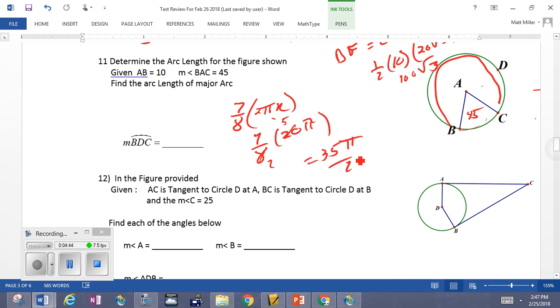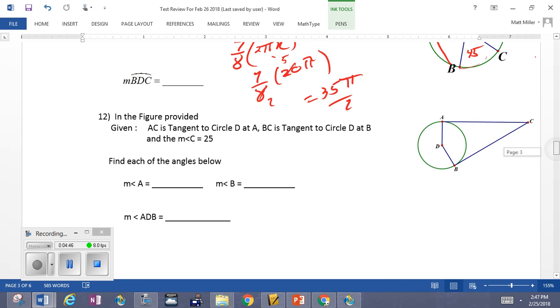Okay, let's come down here. What do we know here? Angle C is 25 degrees. We've got tangents which meet a radius at right angles, which makes angle A and B 90.